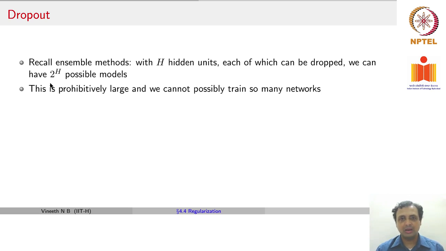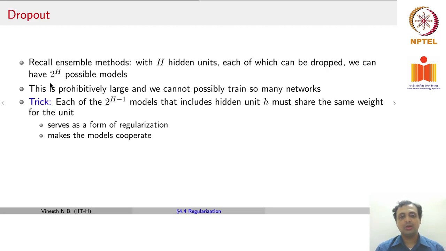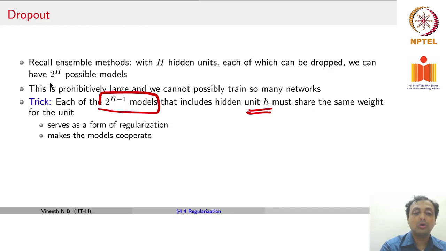You probably don't want to train 2 power h models and then ensemble them by voting or any other means. So what we do now is impose one small constraint. We say that for a particular hidden unit h, there are 2 power h minus 1 models which can vary when that hidden unit is fixed.